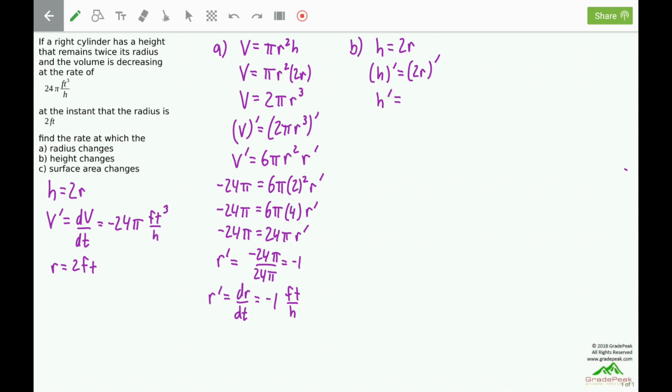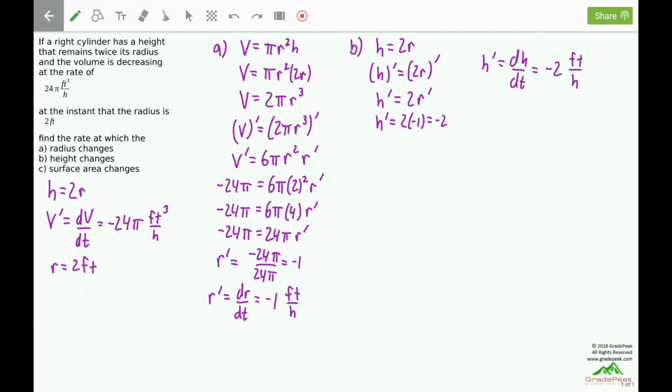On the right side, the derivative of 2r is 2, but then times r prime, since every variable is implicit with time, and every variable would get a prime. We just found out what r prime was, so h prime is going to be 2 times the negative 1, or negative 2. And therefore, h prime, or dh/dt, will be negative 2 units of height, which will be measured in length units of feet, over time, which is hours here.